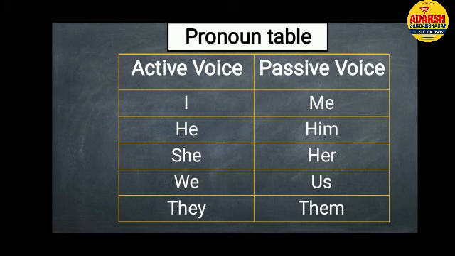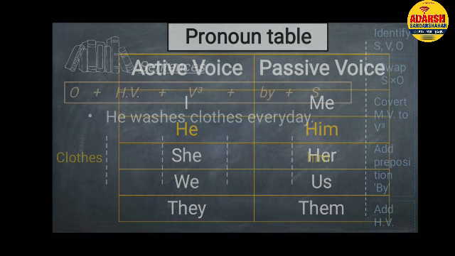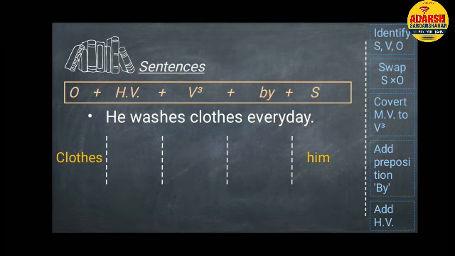If our subject is pronoun, then we change its subjective form to objective form. So here our subject is he, and in objective we change it as him. So here we put him.